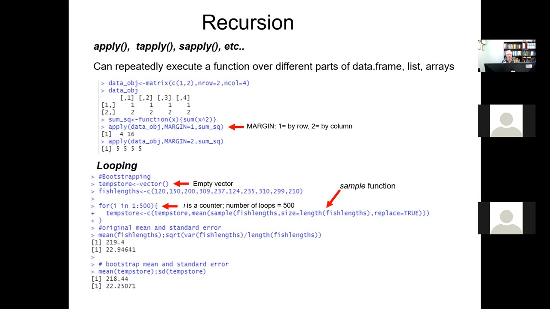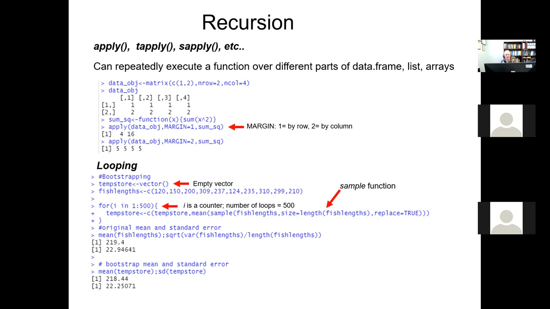Then you have the argument margin. If you have a 1, it means apply that function, sum underscore square, by rows, and if it's 2, it's by columns. In this case, I'm showing you applying that sum square over the rows. If you look at the rows here, the first row has all 1s squared, they're all 1, so the sum of those together is just 4.